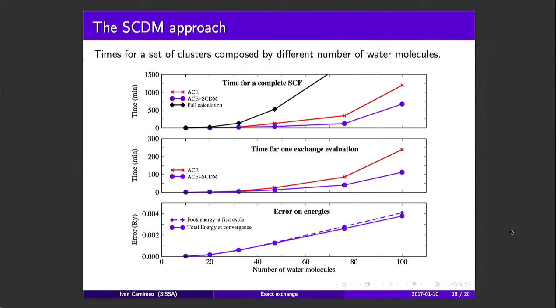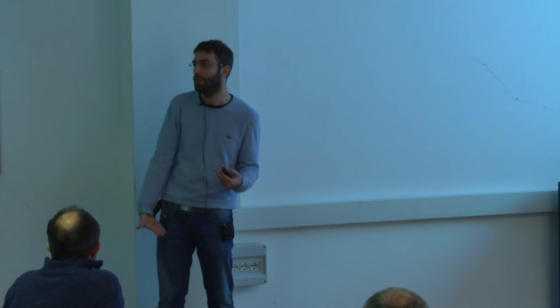Of course, this has a price, because we are introducing a threshold and we are deciding to arbitrarily truncate the interaction between two bands. So when we use this approach, we are introducing an error in the energy, and the good thing is that the error can be set to be small enough by setting the threshold low enough. So it can be handled in some way.